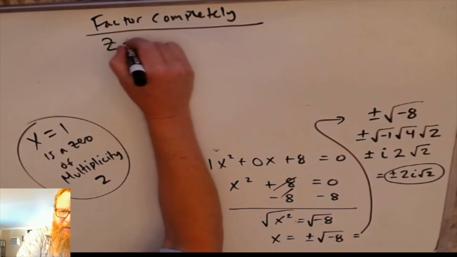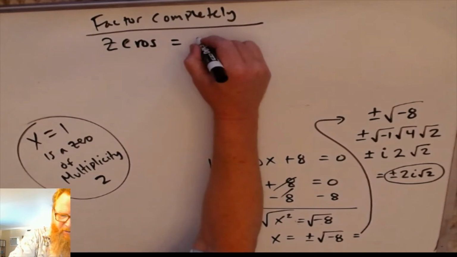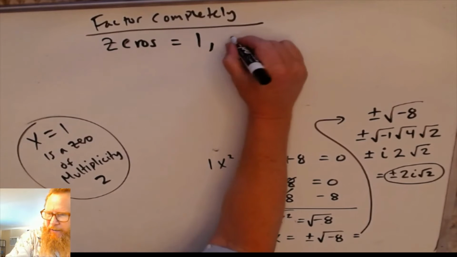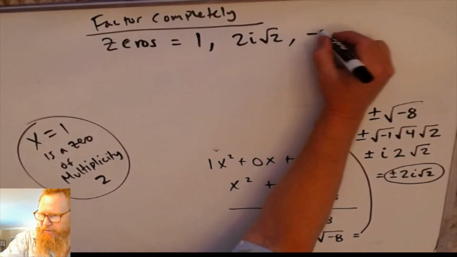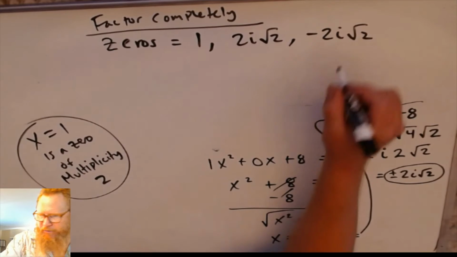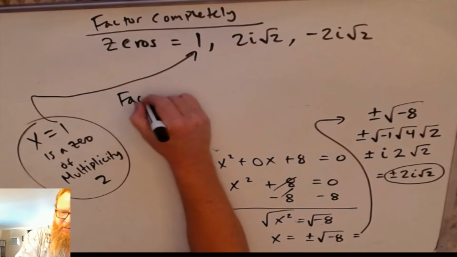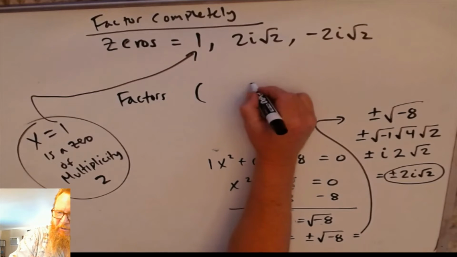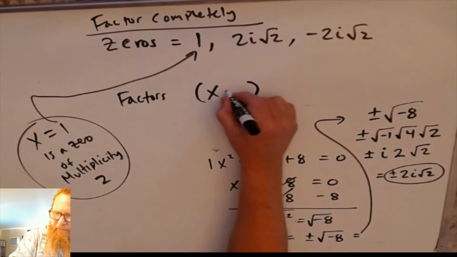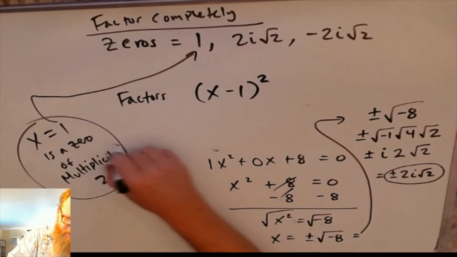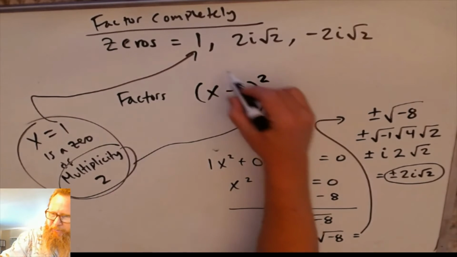So the zeros are 1, 2i square root of 2, and negative 2i square root of 2. But 1 has multiplicity 2. So when you do the factors, you're going to go (x minus 1) squared because it has multiplicity 2.